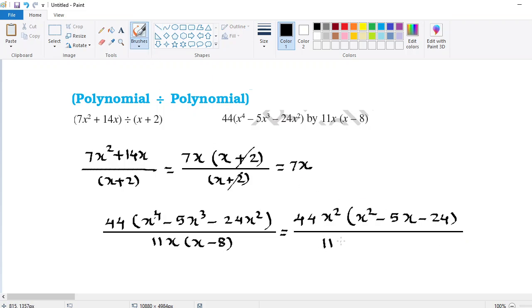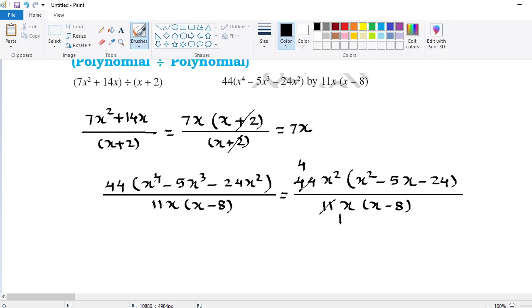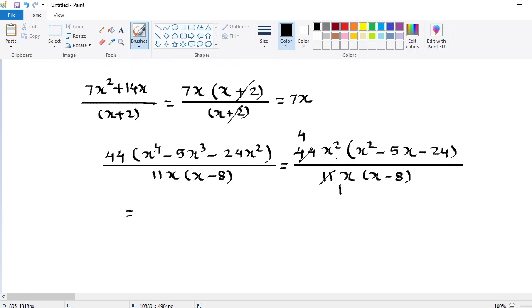This is 11x into x minus 8. 11 ones are 11, 11 fours are 44. Here x square upon x, so x raised to 2 upon x raised to 1, that is x raised to 2 minus 1. So this division is x.